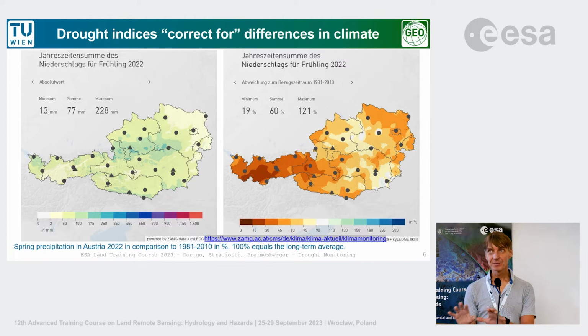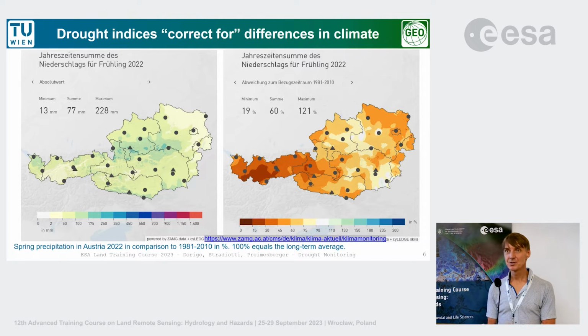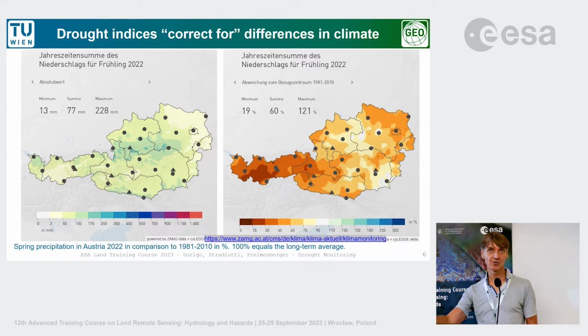Everywhere is roughly the same amount of precipitation. But if you refer that to the climatology, the mean seasonal conditions, you see that in the west of Austria, in Tyrol, the mountainous area, the same amount of precipitation leads to a much stronger anomaly than in the eastern part, which is generally drier than the west.